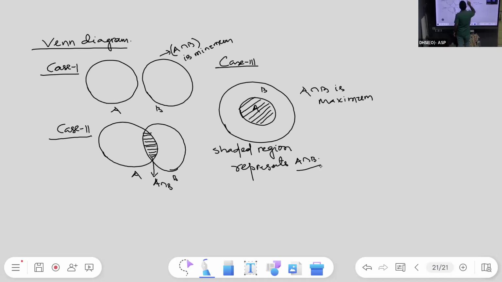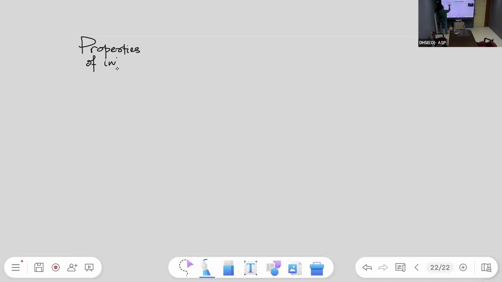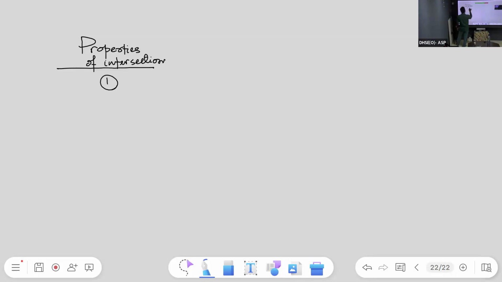Then come to properties of intersection. Property 1: A intersection A is equal to A. Property 2: intersection is commutative.